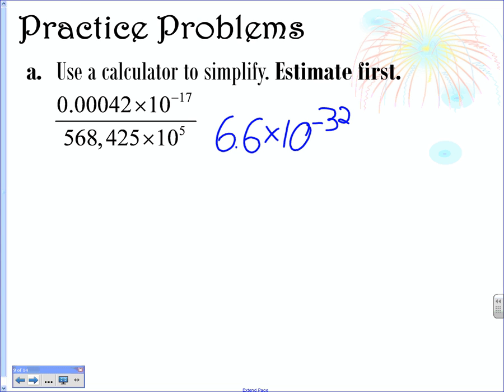Did you put parentheses? You should have, I did 6 times 10 to the 10. You have to put parentheses around the two numbers, otherwise it's not going to work out. But yeah, that's what we estimated, yes.